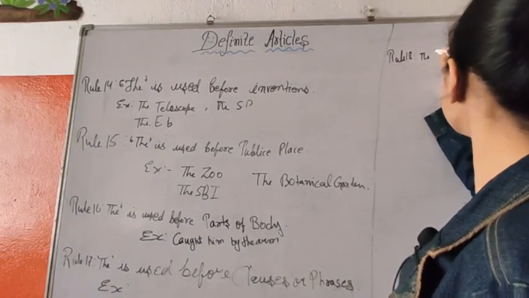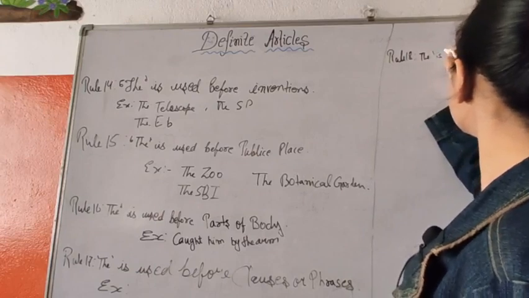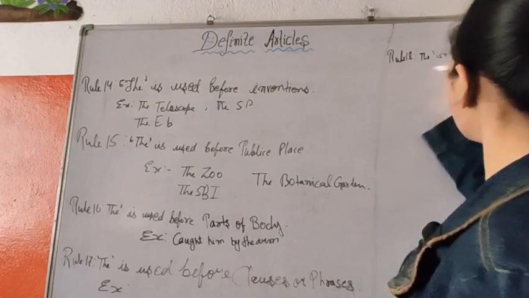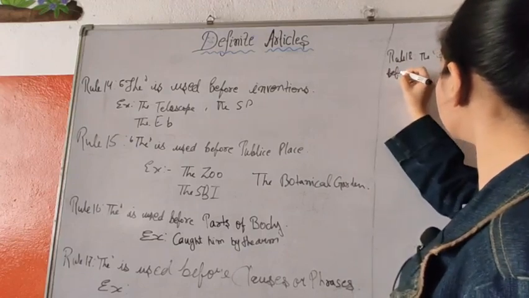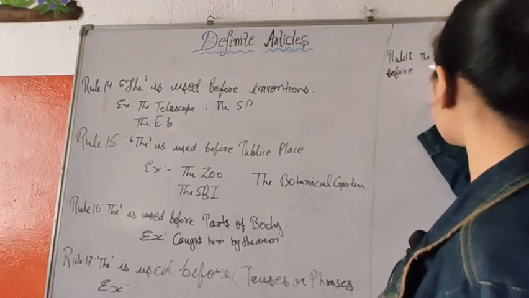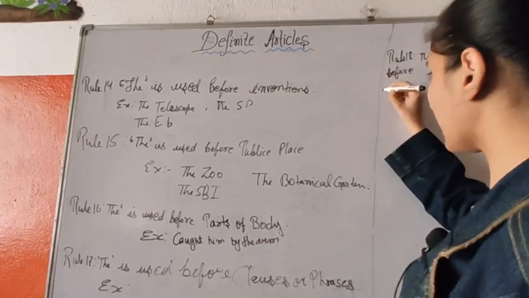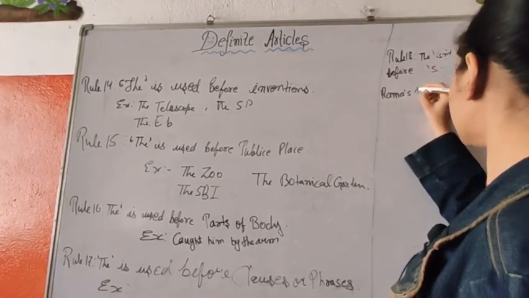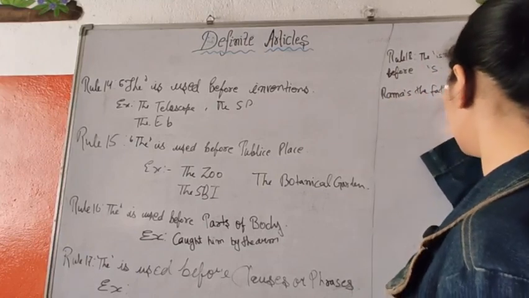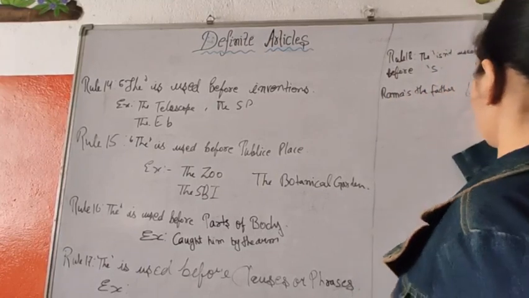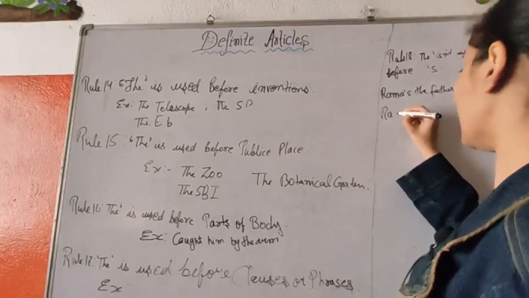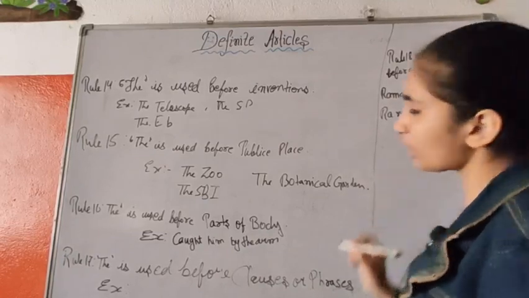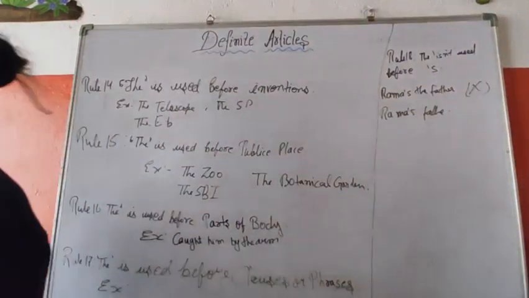"The" is not used before apostrophe s. For example, you cannot say "the Rama's father". It will be wrong. But when you say "Rama's father", it will be right. So "the" is not used before apostrophe s.